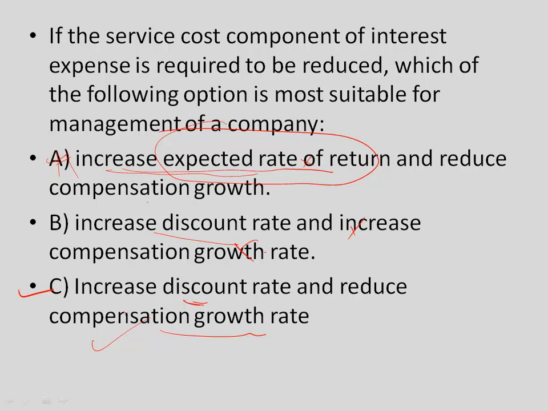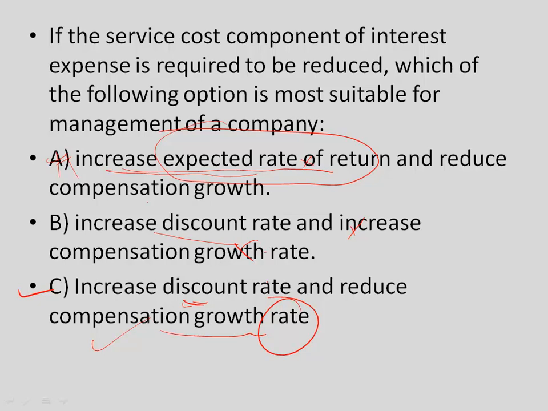Service cost component of interest expense. Meaning the service cost that you had, you want to reduce that service cost. So that service cost will reduce automatically if that incremental pension amount is lesser. And if that incremental pension amount is lesser, if your compensation growth rate is lower, or if you're discounting backwards at a higher rate.